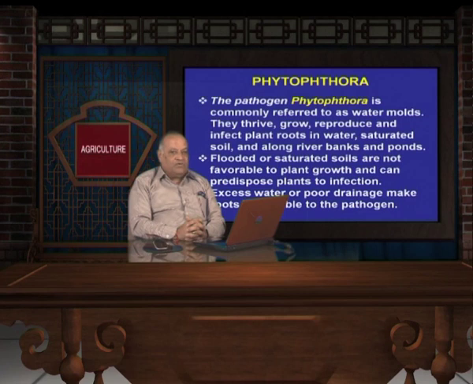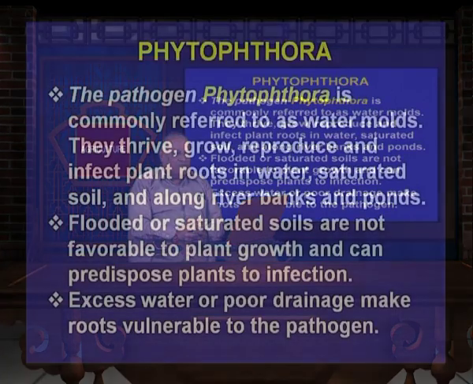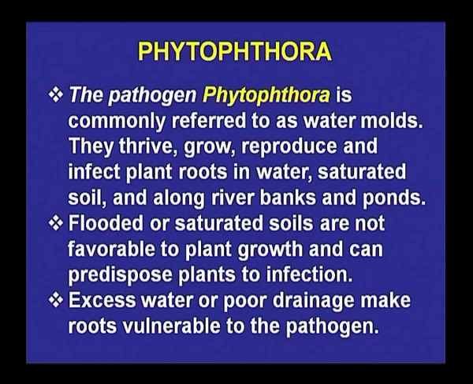First of all, we take Phytophthora as a causal fungus causing different types of plant diseases. The pathogen Phytophthora is commonly referred to as water molds. They thrive, grow, reproduce and infect plant roots in water saturated soil and along river banks and ponds.